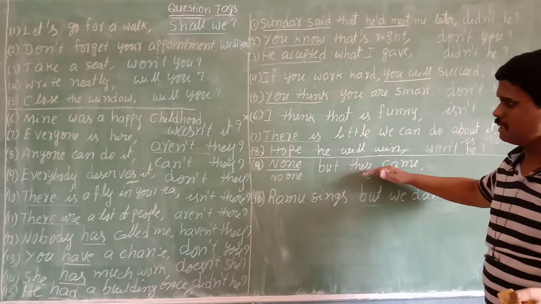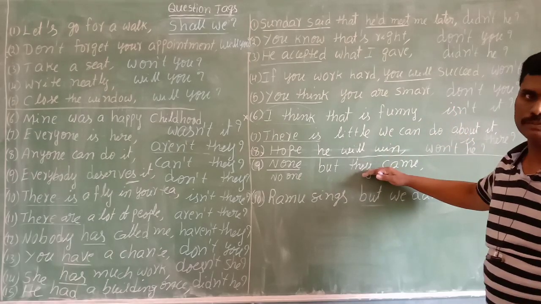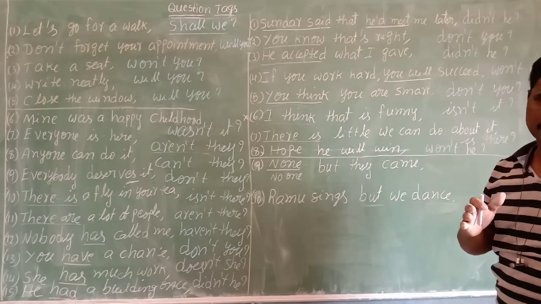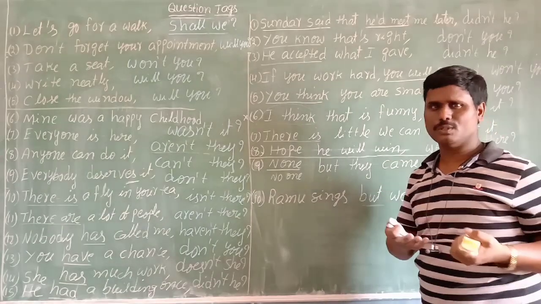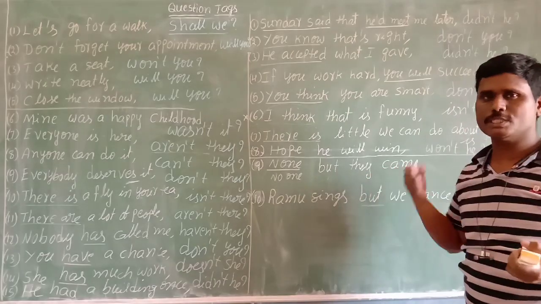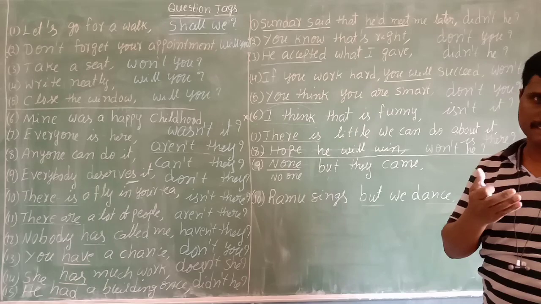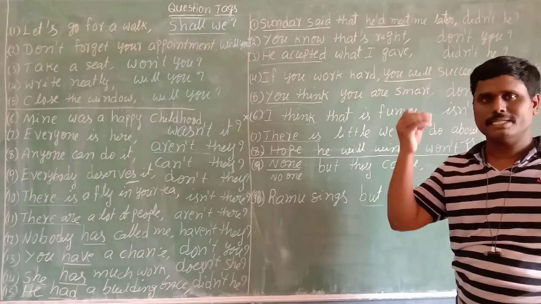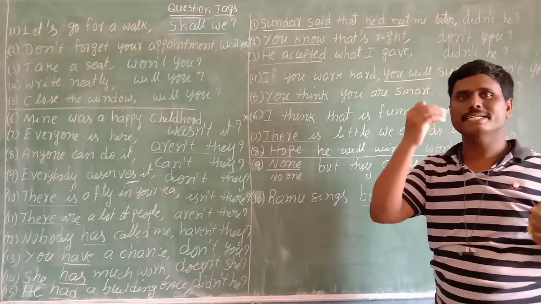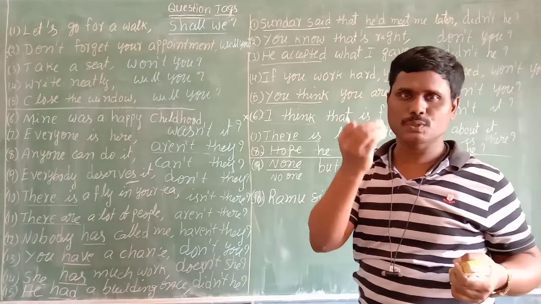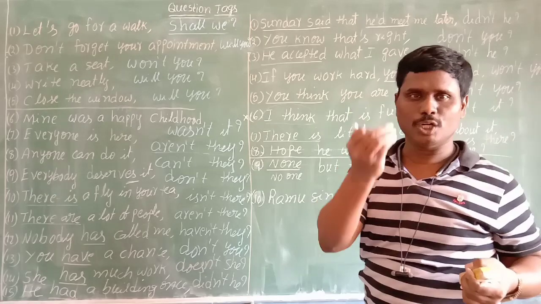Now here, I am going to give you the explanation regarding compound sentences. Already, some of you know, a compound sentence means two main clauses connected with coordinating conjunctions like but, and, so, or, nor.